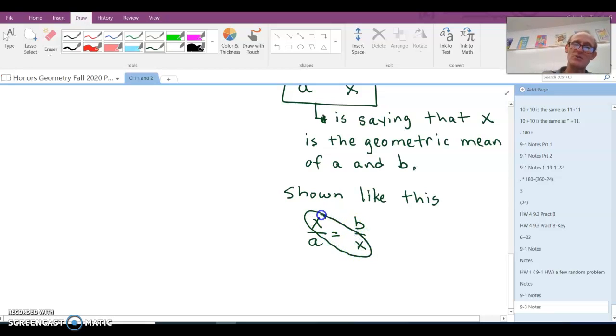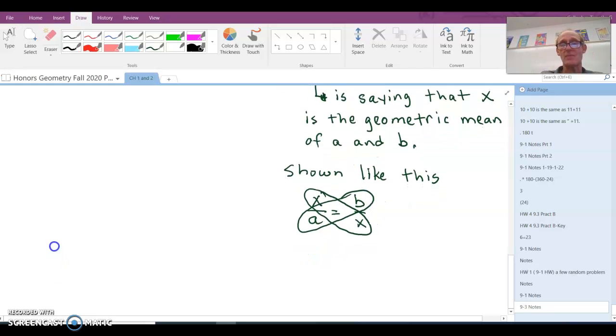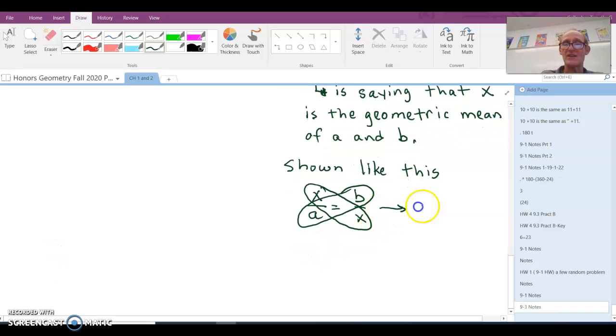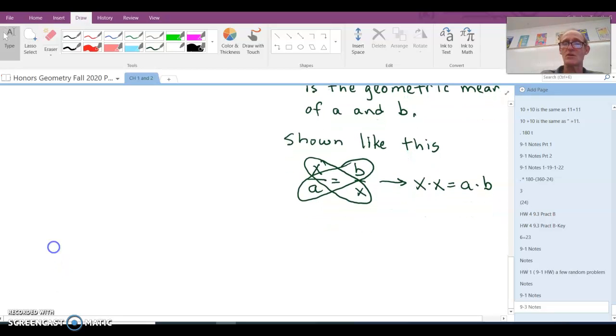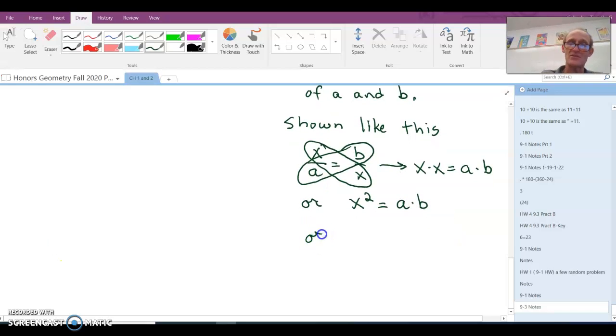X is the geometric mean of a and b, which means x times x equals a times b, or x squared equals a times b, or I can say that x equals the square root of a times b.